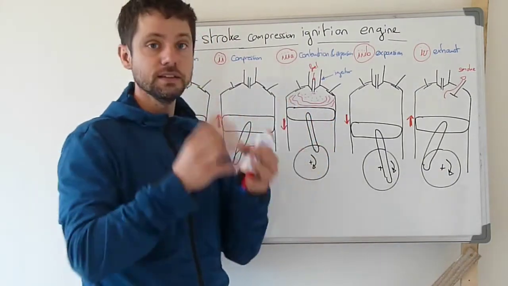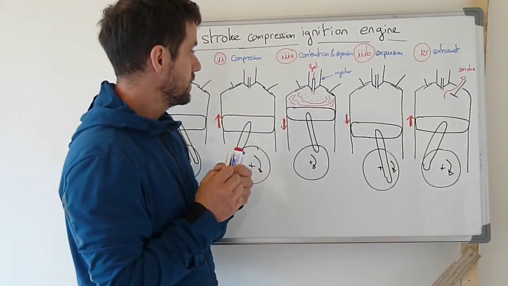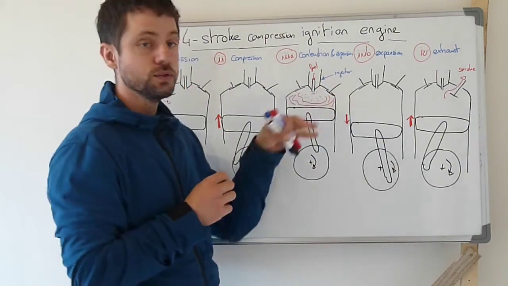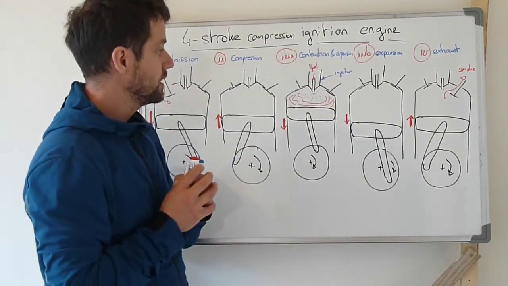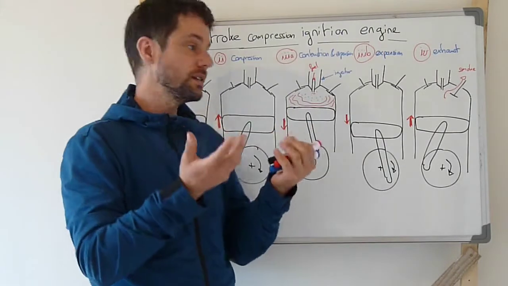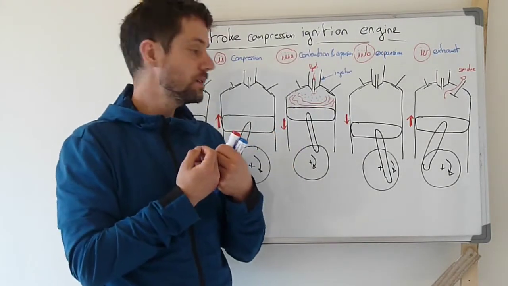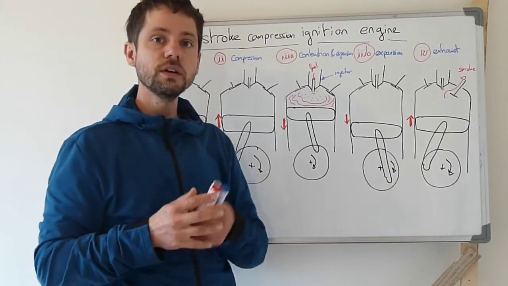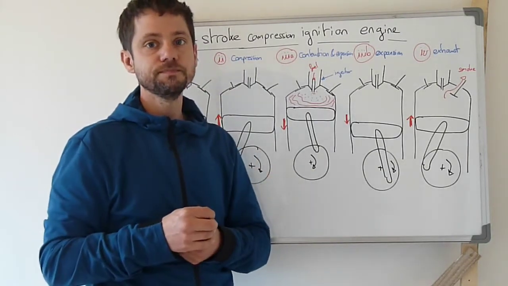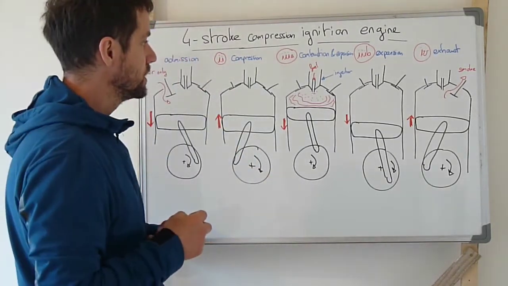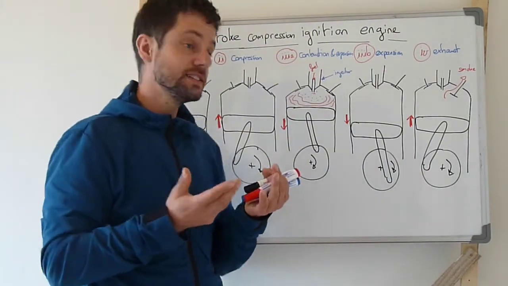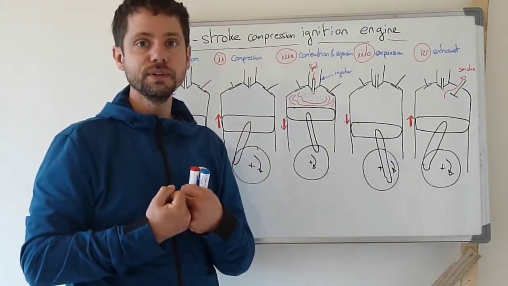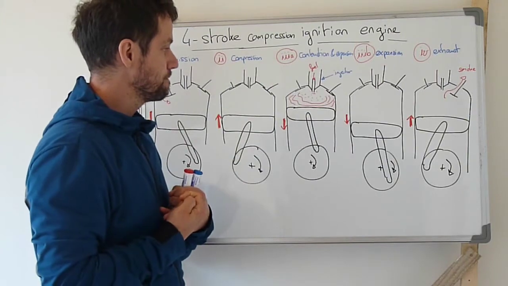So we need the fluids to mix up inside this clearance volume, and once the fluid is mixed, because the temperature is already higher than the auto-ignition temperature, then combustion takes place. So these are many differences with the other type of four-stroke engine.